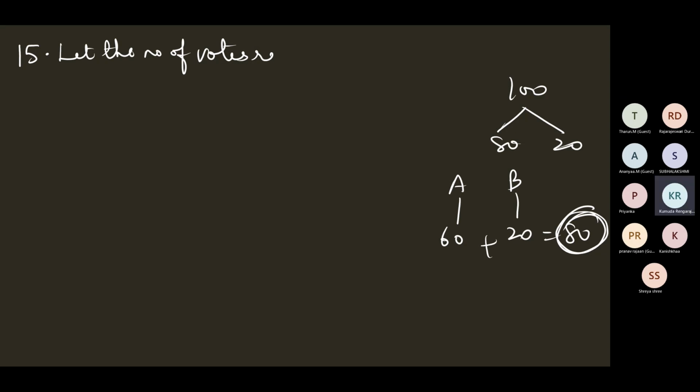The number of votes received by A plus the number of votes received by B will be equal to the number of votes cast. Number of votes cast plus the number of votes not used will be the total number of people in the list. Is this part clear, children?